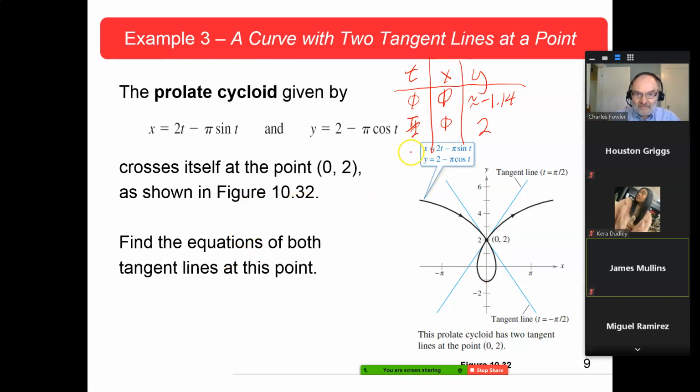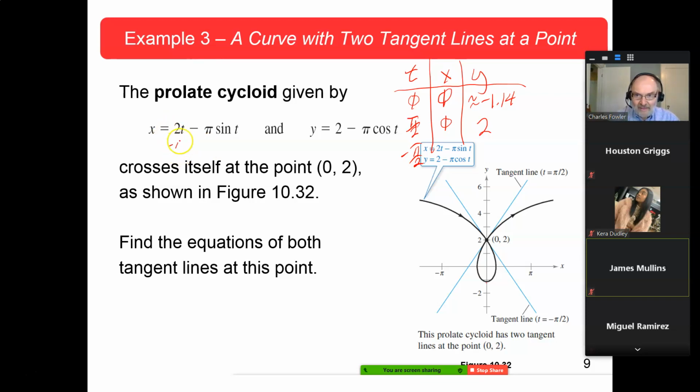This time maybe let t equal minus pi halves. Okay? And 2 times minus pi halves would be minus pi, minus pi times sine of pi halves. So sine of pi halves is 1, and that would be minus pi is minus 2 pi. Did I do that right?